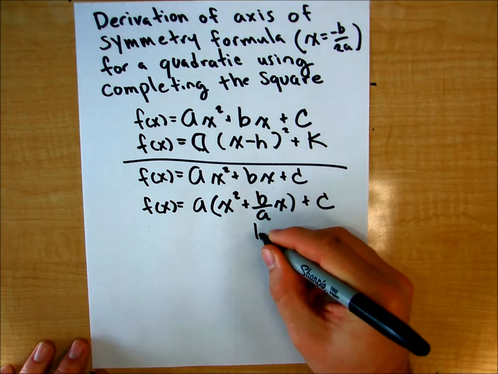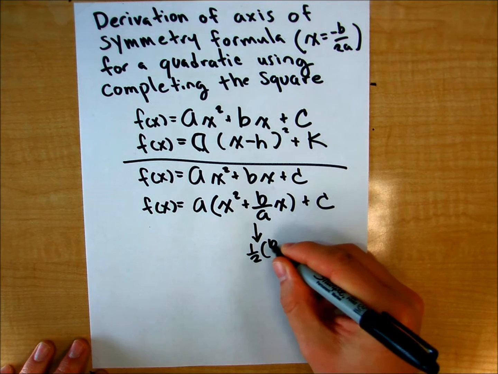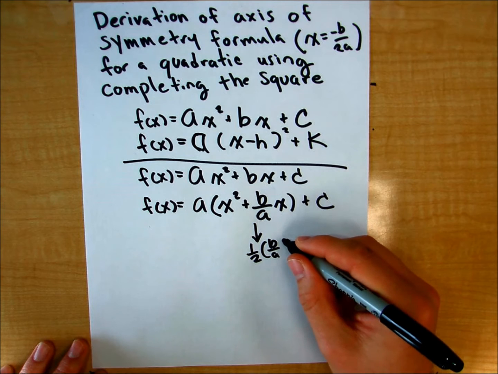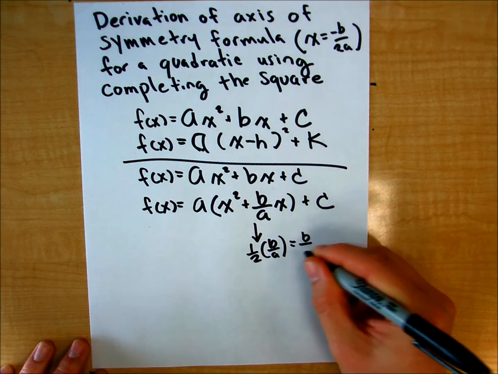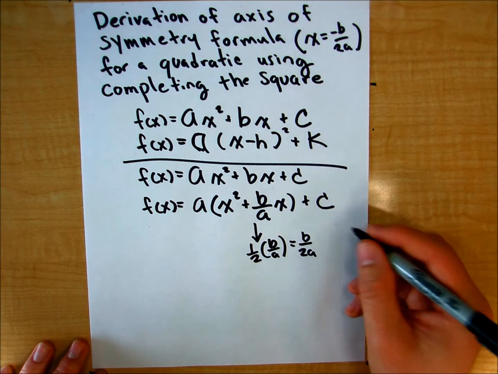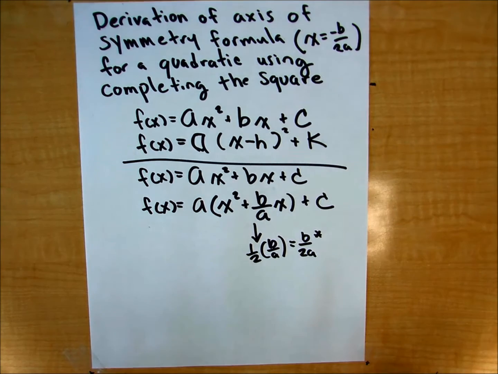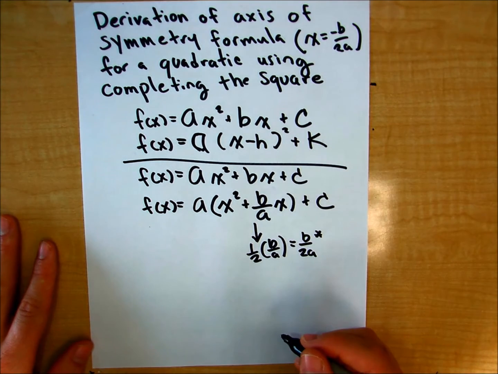Well, I take 1/2 of my b term and I get b over 2a. I'm just going to star that because that's what's going to go into our vertex form here.